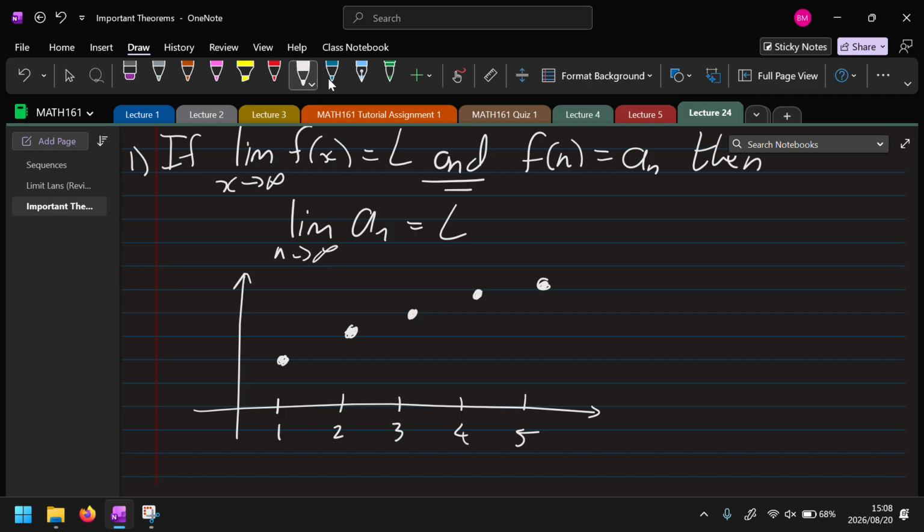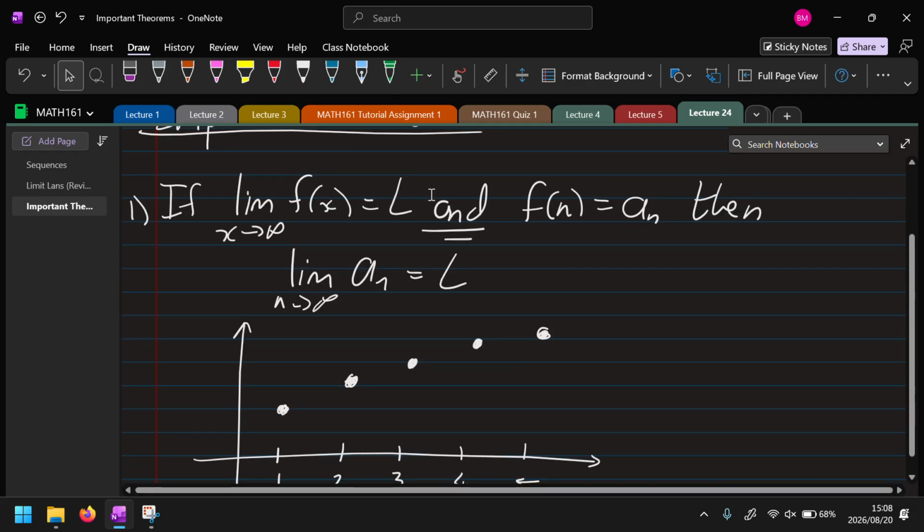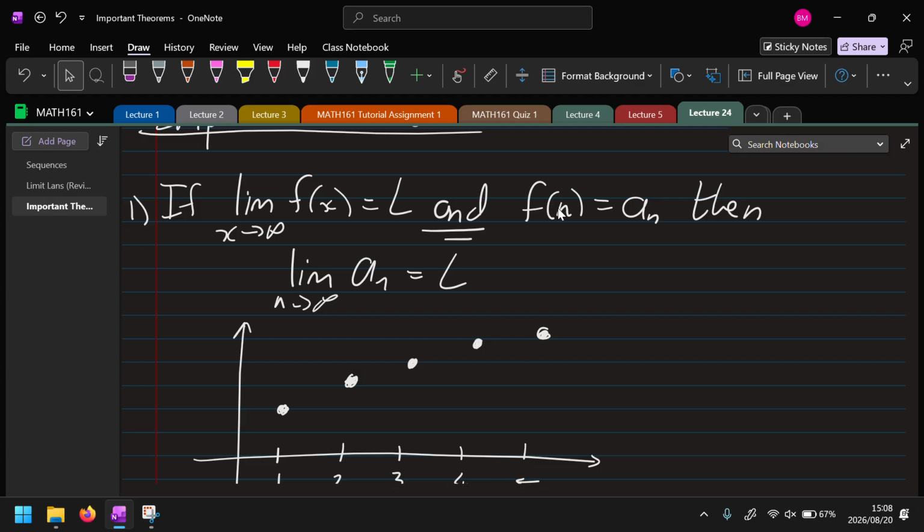And that's our sequence. What this theorem tells us is that if there's a function, f, that agrees with our sequence on the integers, then they have the same limiting value. So f of n is equal to a sub n. What does that mean? It means it agrees with our sequence.